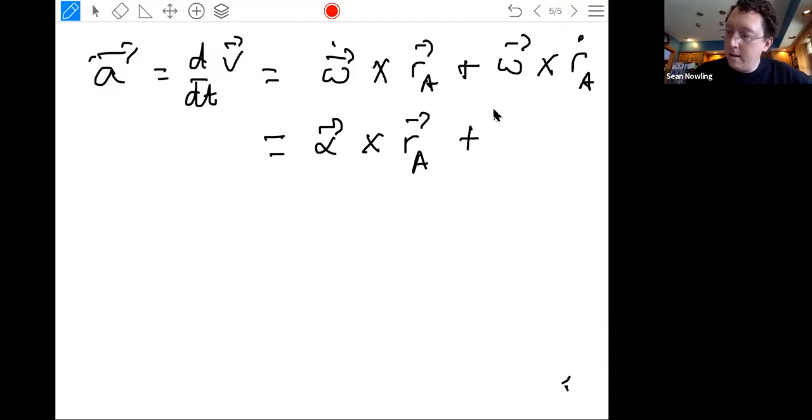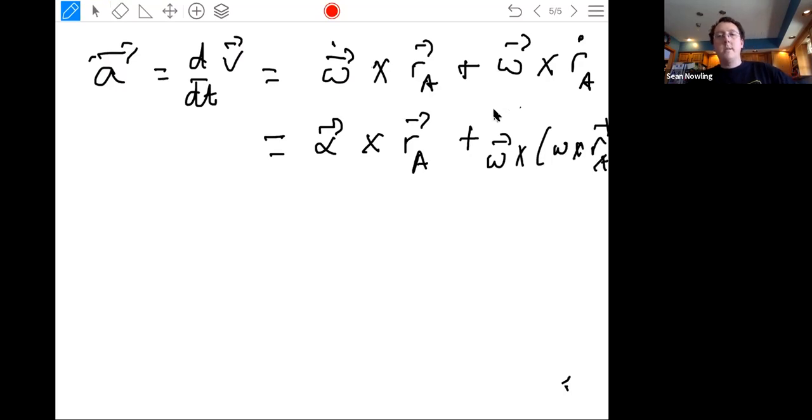So that's going to be omega cross the velocity, which is omega cross RA. I have to move this down to a new line. So that'll just be omega cross, omega cross RA. So it's a cross product of a cross product.